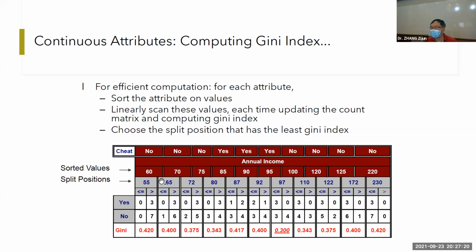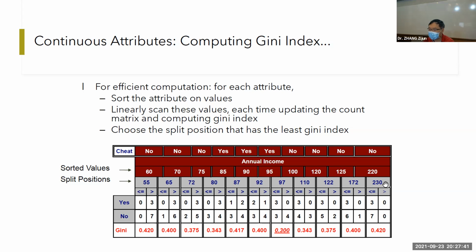On the left side, we also use 5 as the scale, so we have V equal to 55. With V set to 55, we split into values less than 55 and larger than 55.